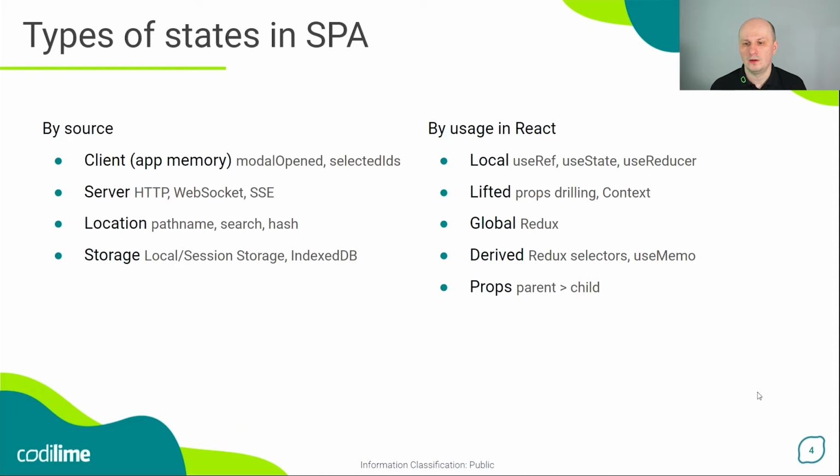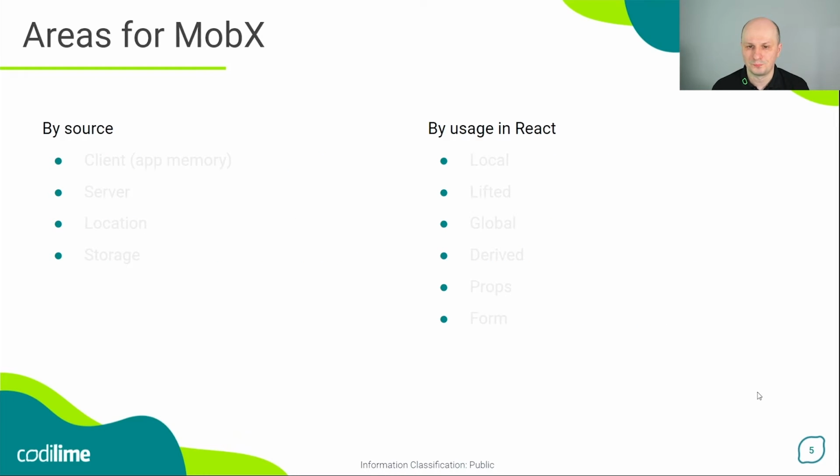We also have state which lives between parent and child components, and it's usually implemented by React props. And the last state is the form state, which lives inside a single form instance, and I would suggest here to use dedicated libraries for that, like Formik or React Hook Form.